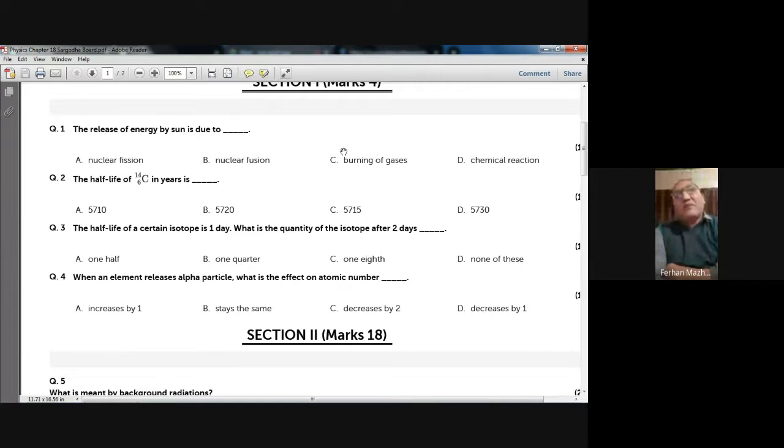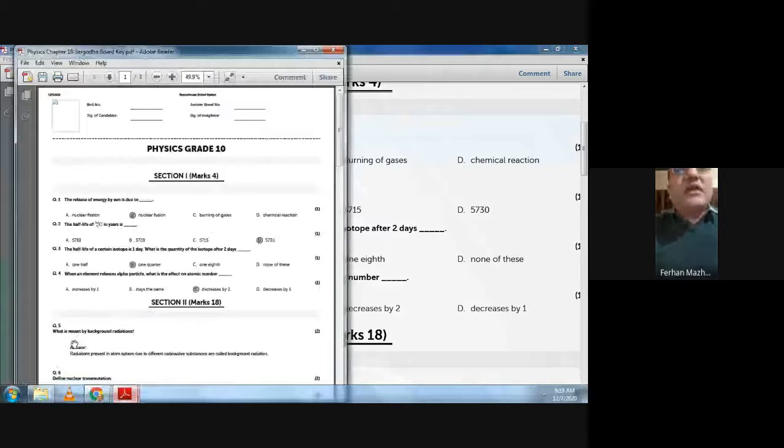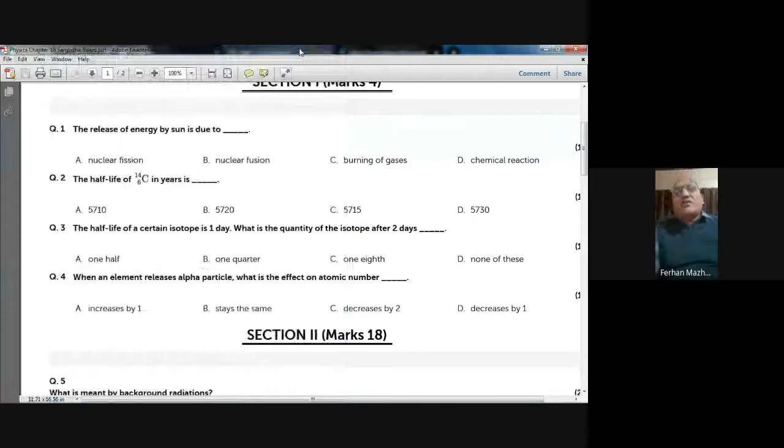The half-life of carbon 14 that is used for carbon dating, I think that number is 5,730 years. If you have the book, we can confirm. I also have the marking scheme, so let's check it from the marking scheme. Yes, 5,730. The half-life of carbon 14 is 5,730 years. So the choice will be D. What do you say?